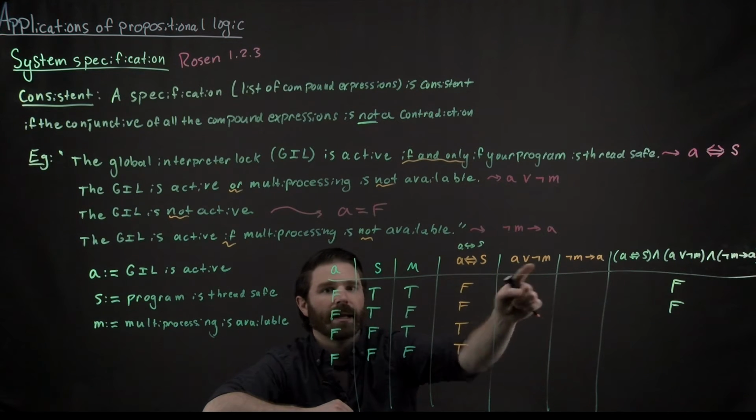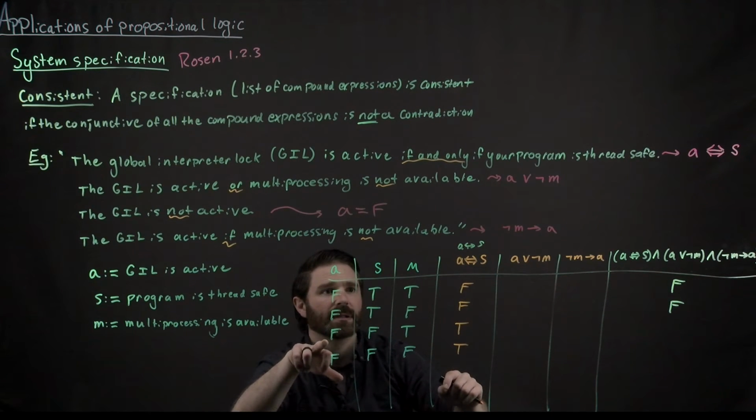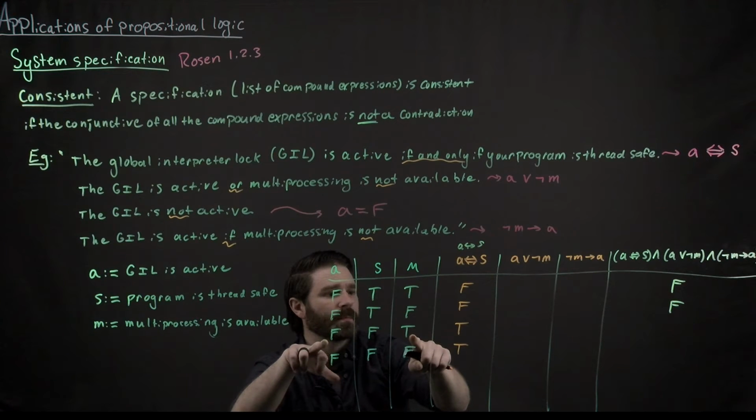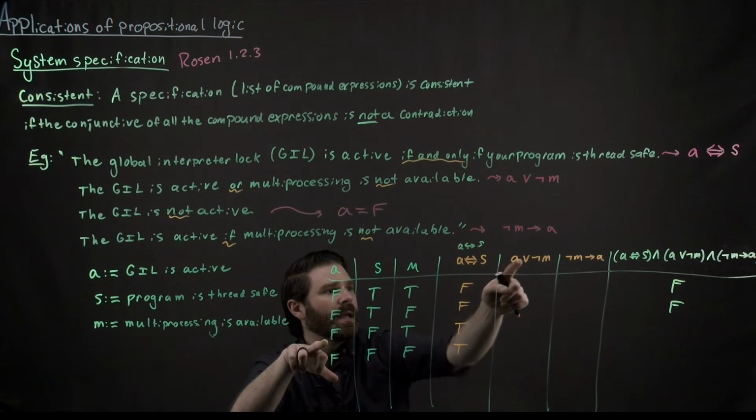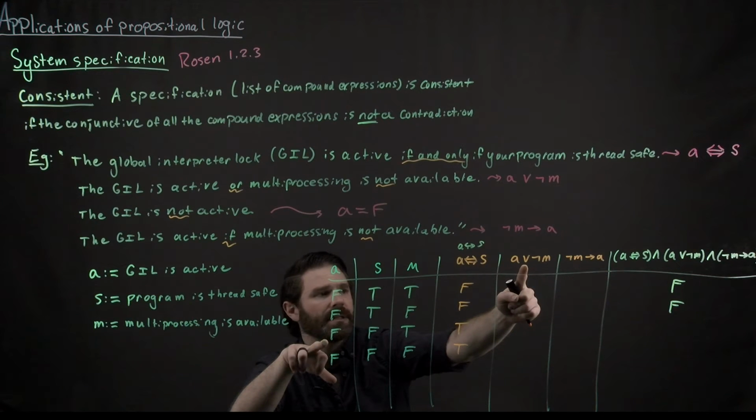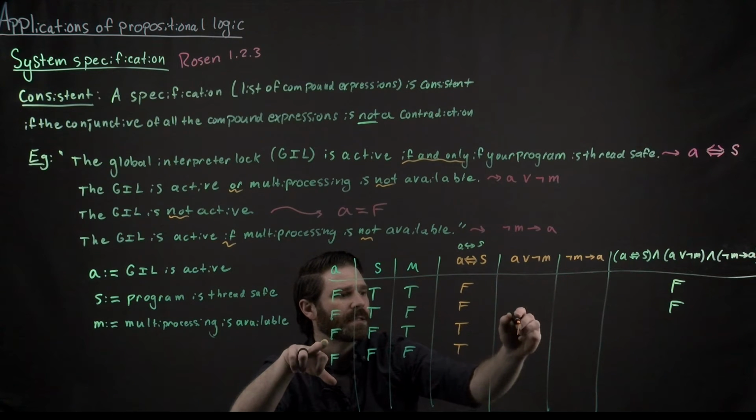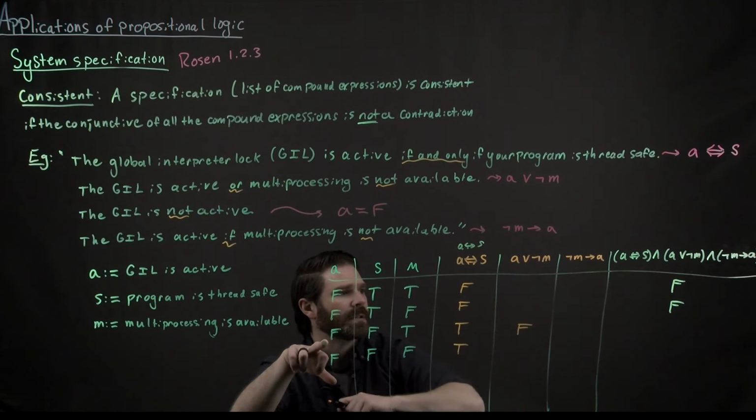A or not M. Well, A is false, M is true. So A or not M is going to be false or false. That's going to be false.